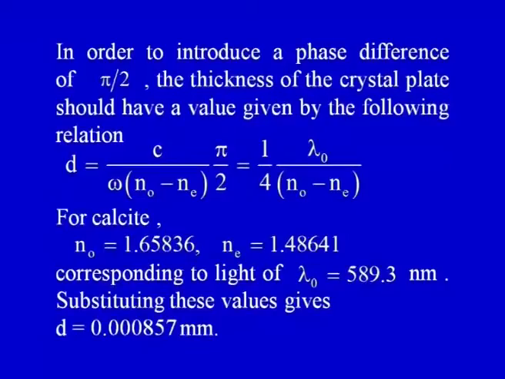For calcite, n o is given by 1.65836 and ne is equal to 1.48641. This corresponds to light of wavelength 589.3 nanometers, and substituting these values gives d equal to 0.000857 millimeters.